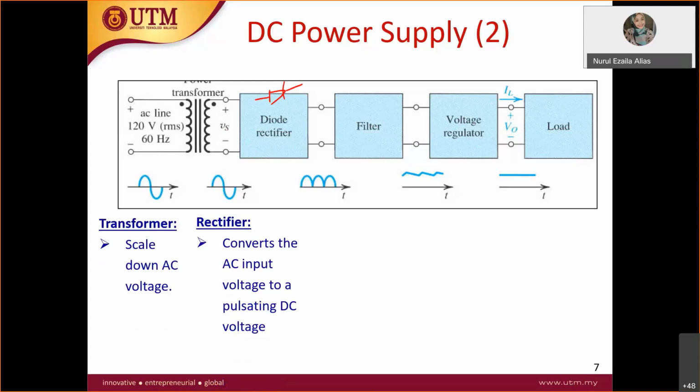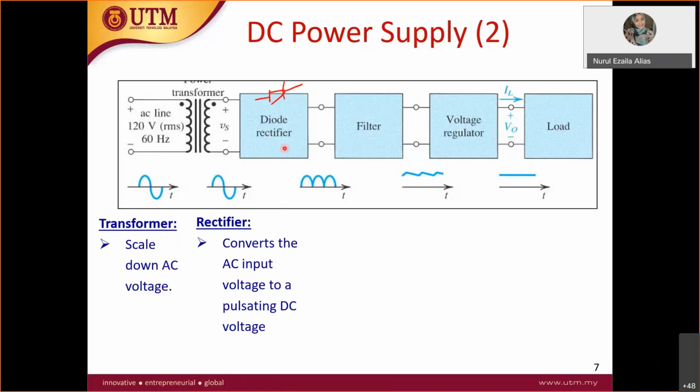As you can see, we want positive voltage, so all the positive wave cycles stay positive. However, the negative ones will be converted into positive, and so on, for a continuous AC signal. The negative one will be converted to the positive one. So this is the function of the rectifier.